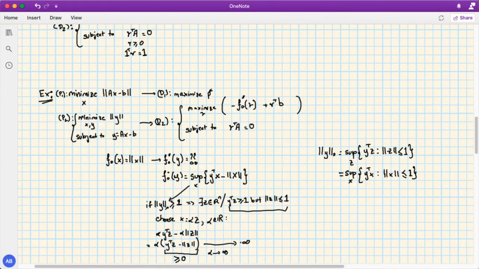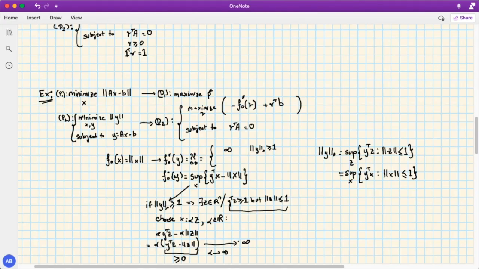So it scales with alpha, in other words. What does that mean? It means that my conjugate function, when the dual norm of y is greater than 1, which is the case we just argued, is infinity.